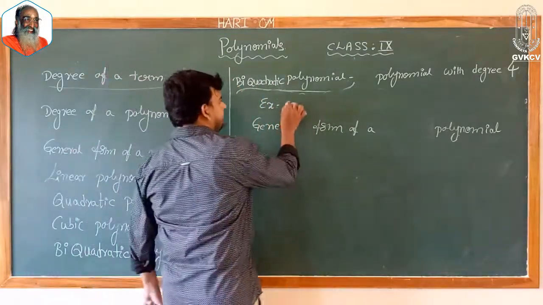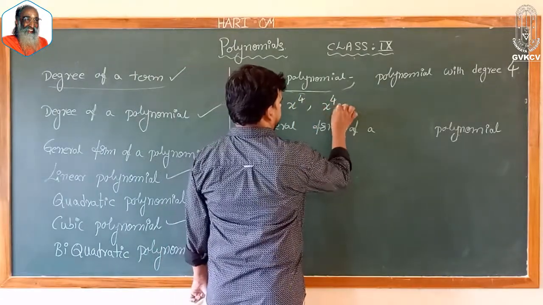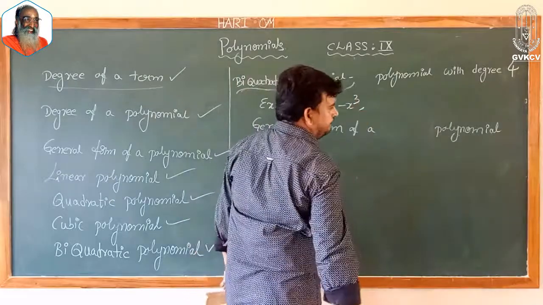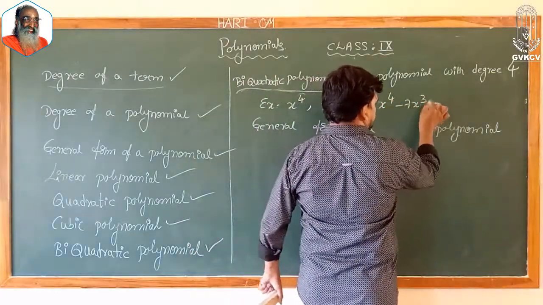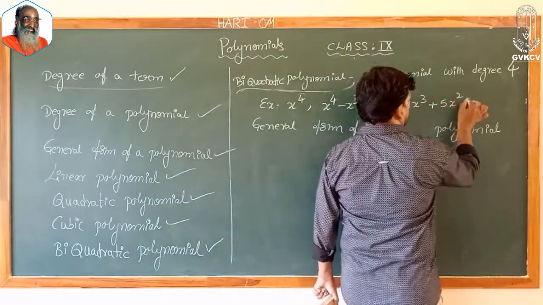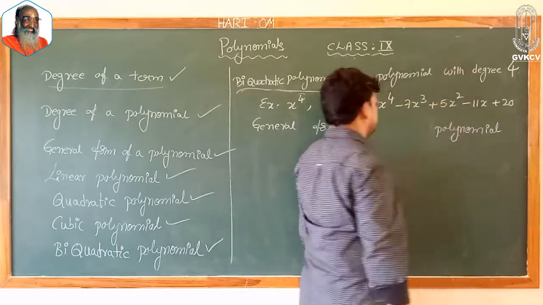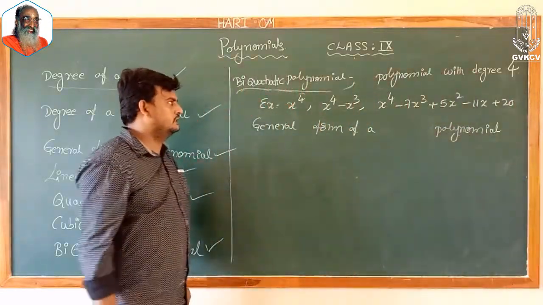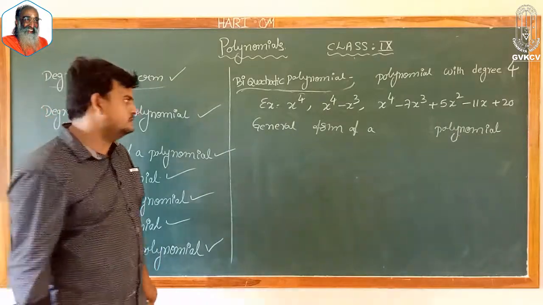For example, x power 4 minus x cube, or x power 4 minus 7x cube plus 5x square minus 11x plus 20, etc. All these are called biquadratic polynomials.